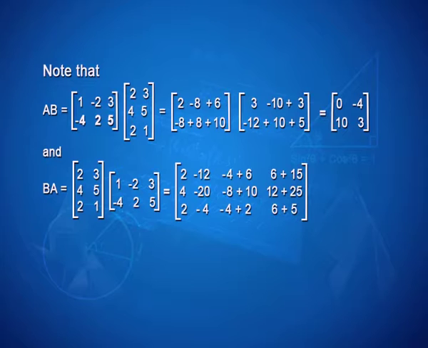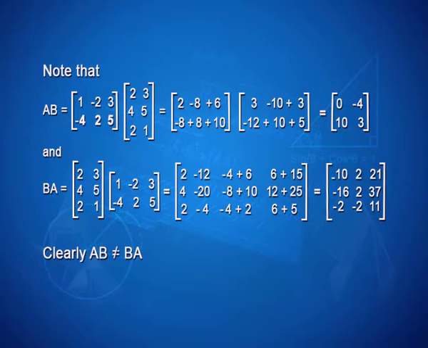Similarly, 4 - 20, -8 + 10, 12 + 25 as elements of the second row, and 2 - 4, 2, 6 + 5 as the elements of the third row. On simplifying, the elements are -10, 2, 21; -16, 2, 37; -2, 2, 11.